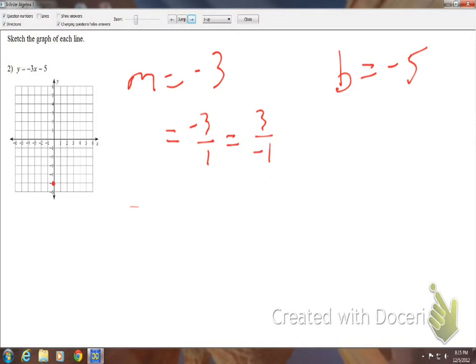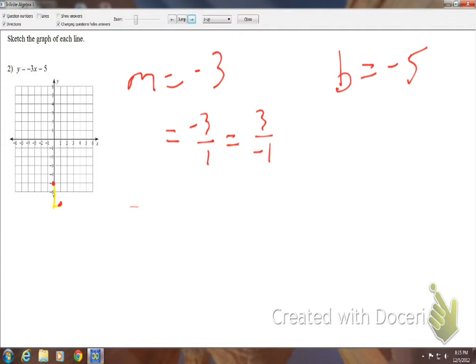And that's important because when I look at my graph, it's kind of hard to go down 3 from my current point. I can try 1, 2, 3, and then over 1, and put a point right there, but it's off the graph, so it doesn't look really good.